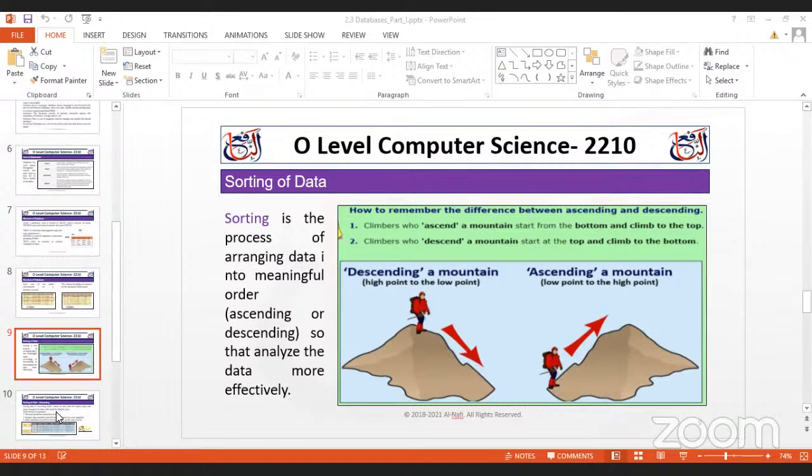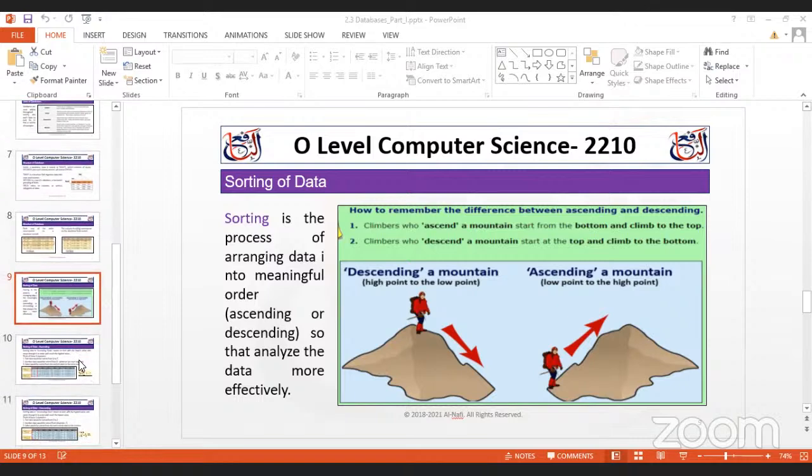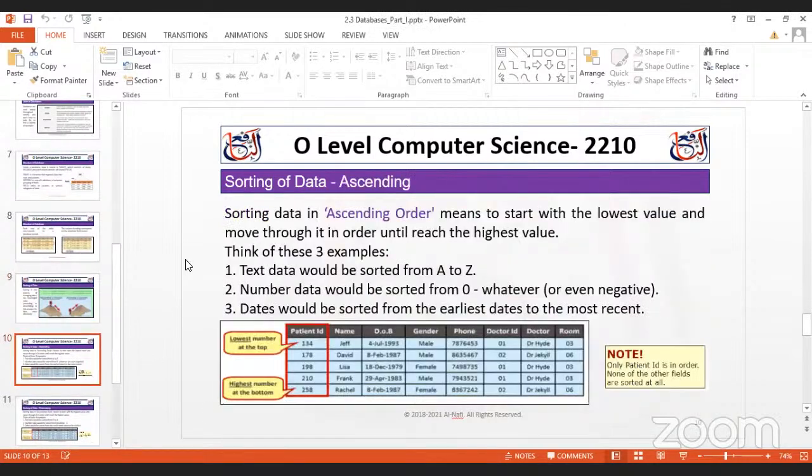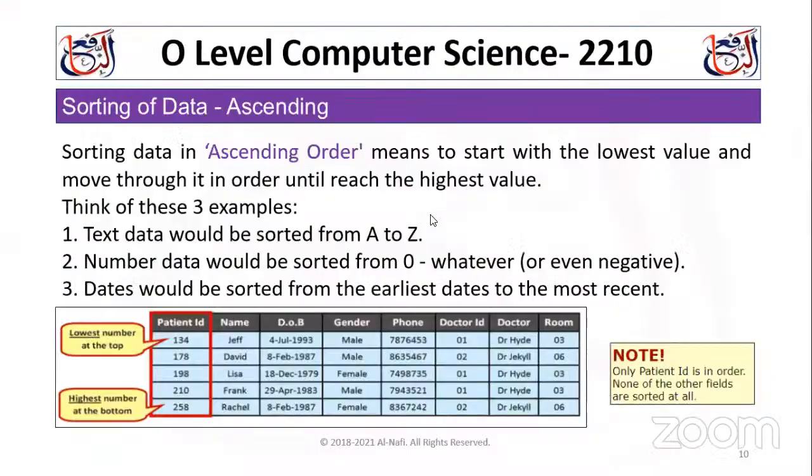Okay, the next one is, okay, good, Abdullah. So now we will see here, sorting data in ascending order means to start with the lowest value and move through it in order until you reach the highest value. There are 3 examples.